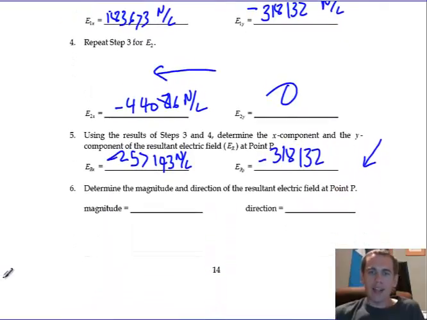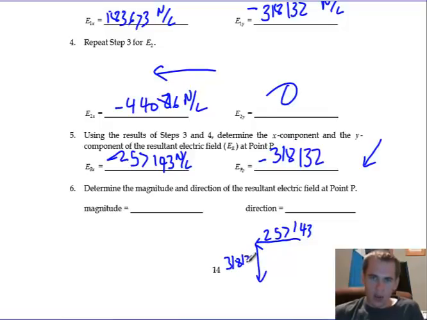It says determine the magnitude and direction of the resultant electric field. Our x is this way, 257,143. Our y is this way, 318,132, and our resultant vector is the vector sum.